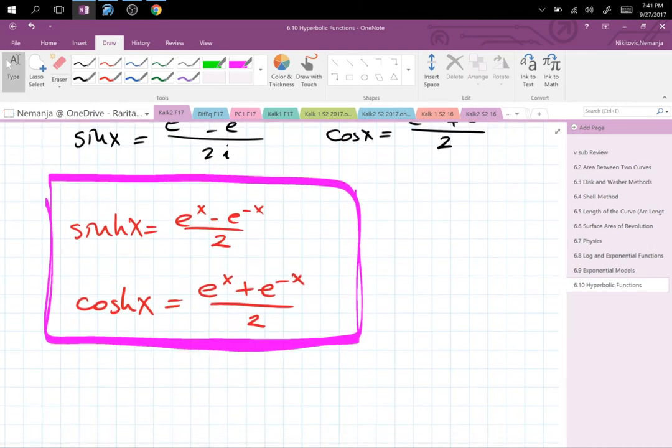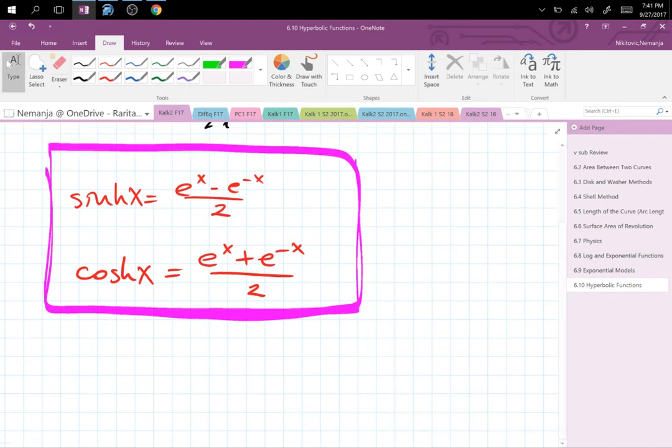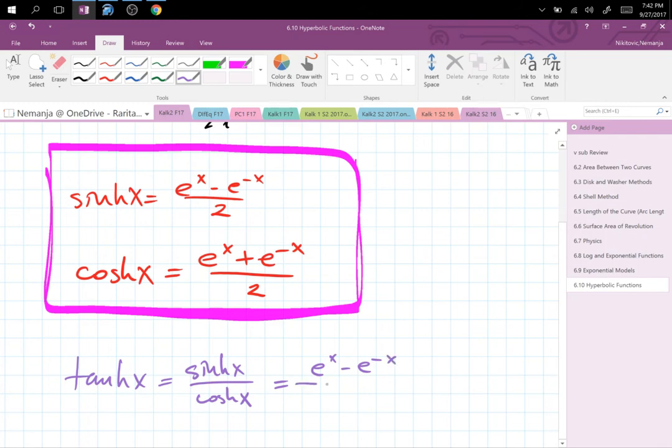So from here, he says that tangent hyperbolic x is going to be sine hyperbolic x over cosine hyperbolic x, which, once you cancel the 2's in the division, gives e to the x minus e to the minus x over e to the x plus e to the minus x.